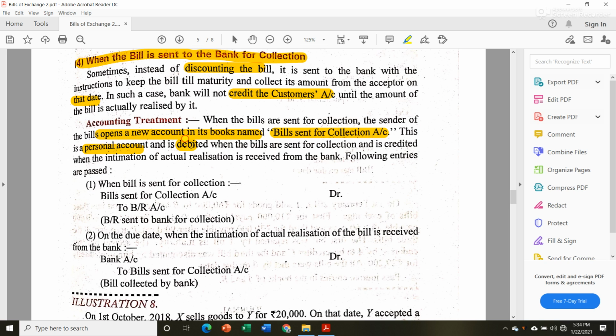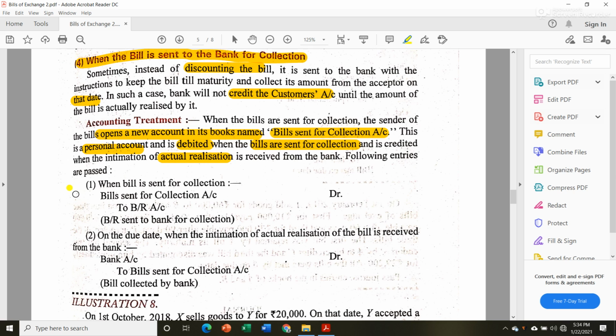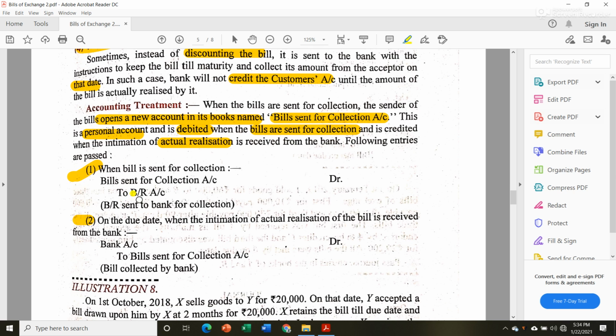So this account will be debited when the bills are sent for collection. Now today I'm sending my bill to the bank for collection, so I will debit this account, and the day on which I will actually receive that amount in my bank account, that day I will credit this Bills Sent for Collection account.